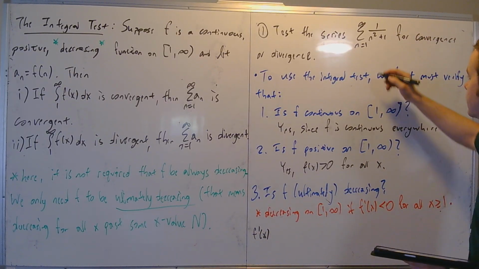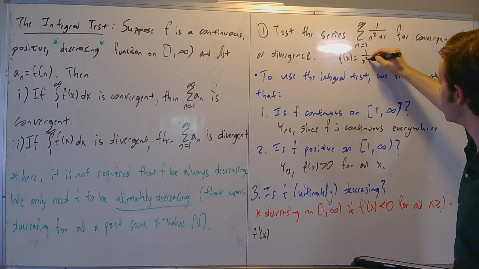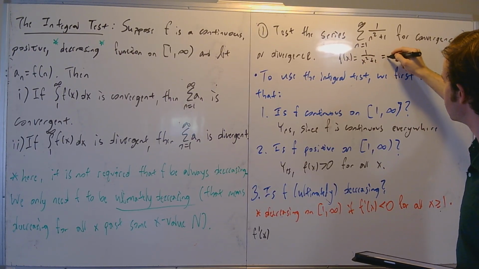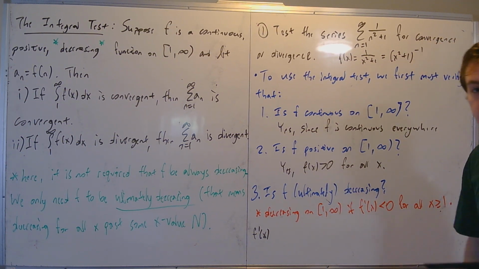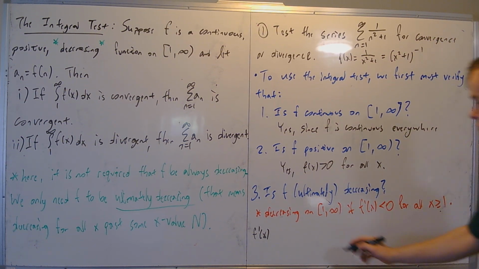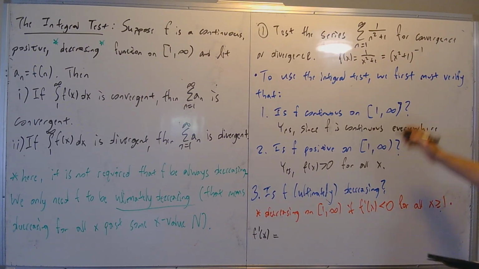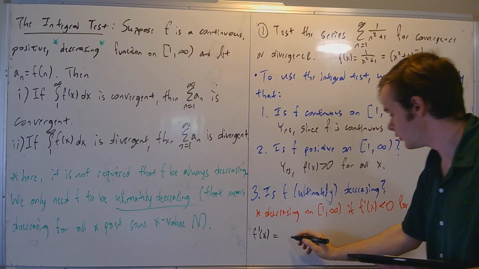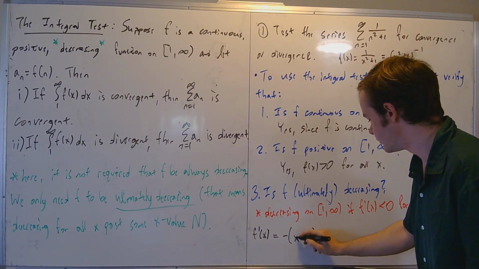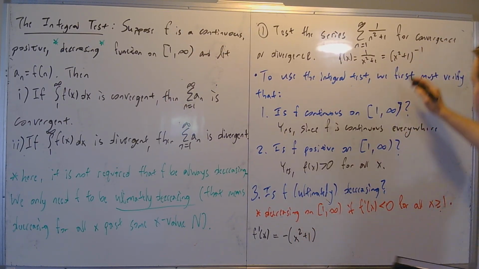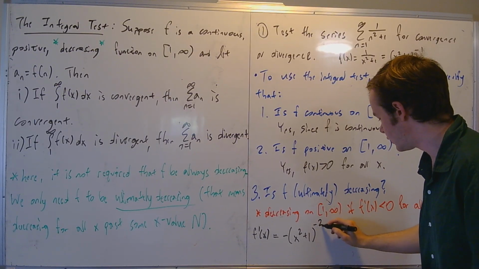So notice here, f of x is 1 over x squared plus 1, but we can rewrite that as x squared plus 1 to the power of negative 1, and now we can take our derivative. Remember what we have to do to use the chain rule: we take out the power, so the negative 1, multiply it by the inside function to the power of, well, we reduce this number by 1, so this becomes a negative 2.